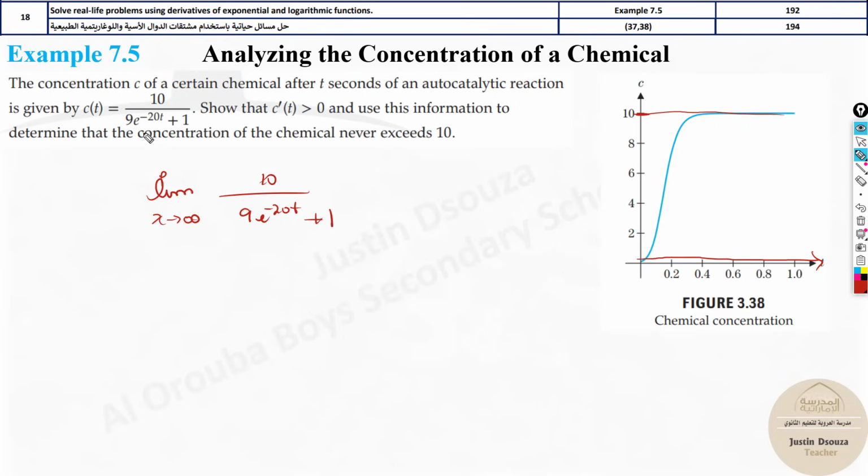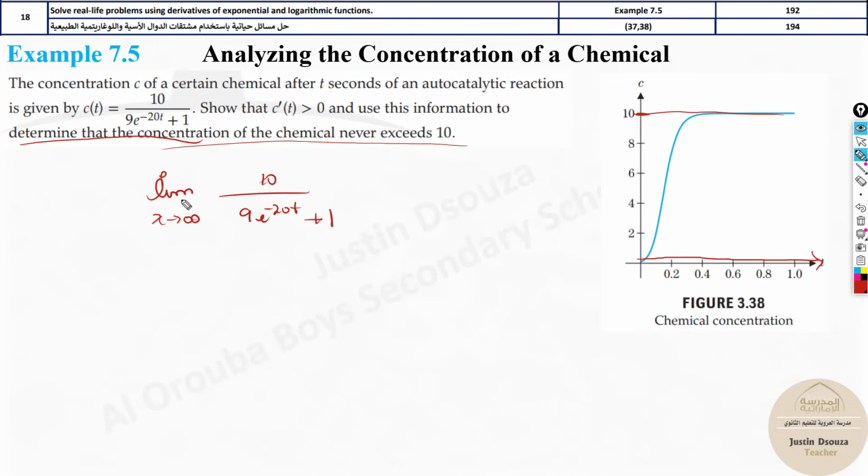Now when you're writing it, make sure you note the question down. So this is the question I'm doing: the concentration of the chemical never exceeds 10.